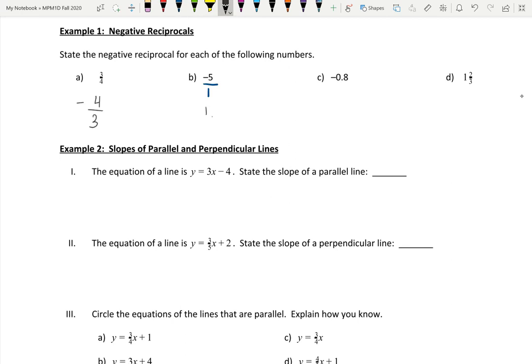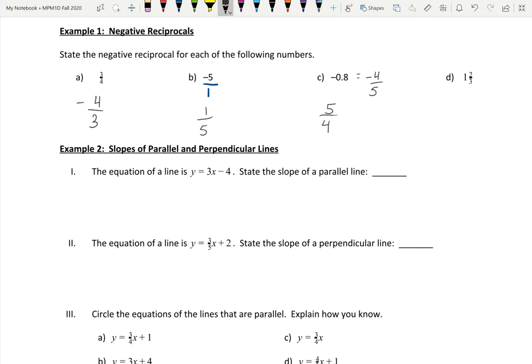So flip that fraction and then change its sign to positive. Next is -0.8. To make your life easier, we're going to convert that into a fraction first. So -0.8 is -4/5. And then again, just flip the fraction and change its sign to its opposite.